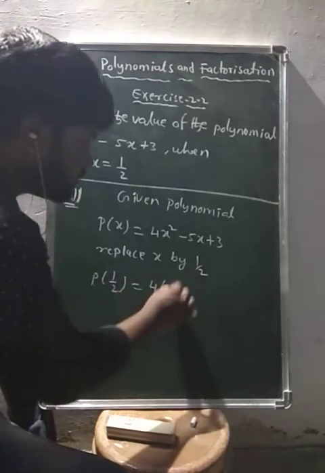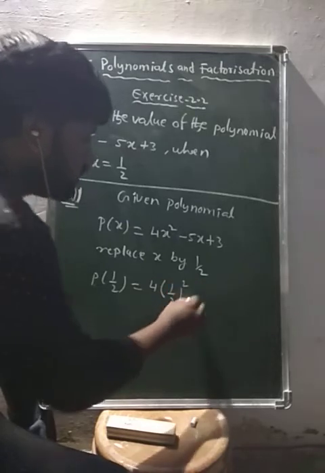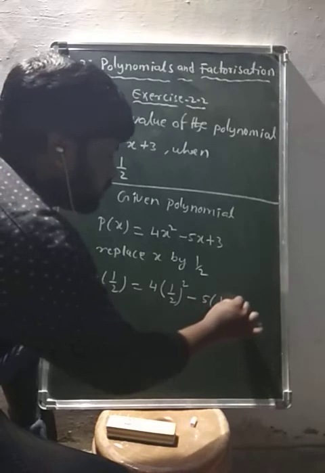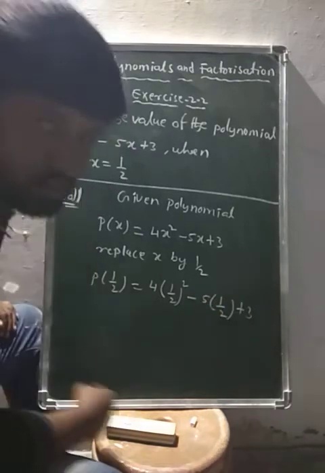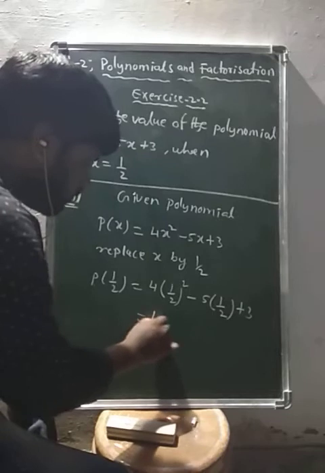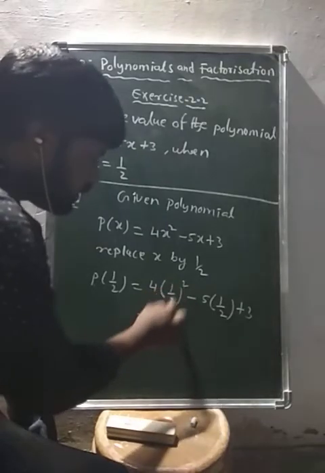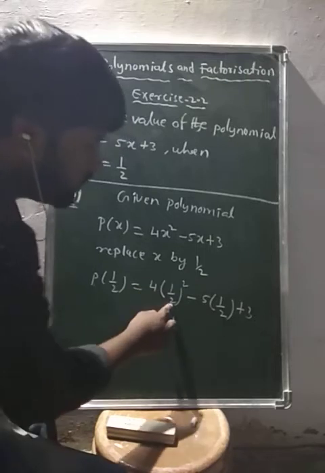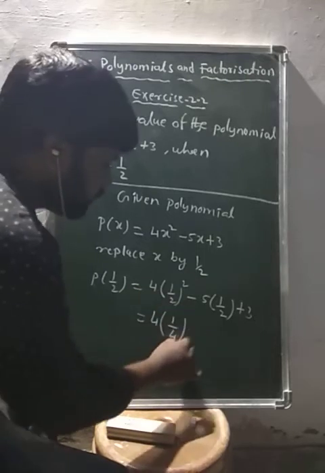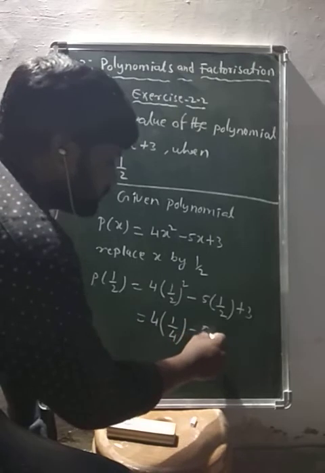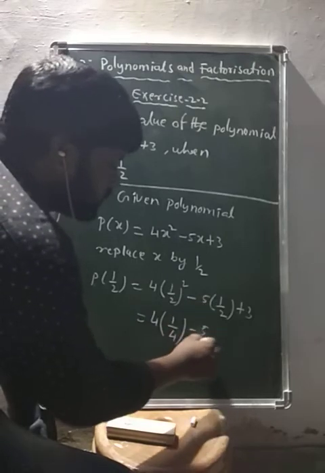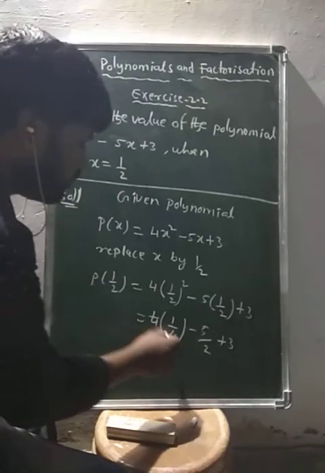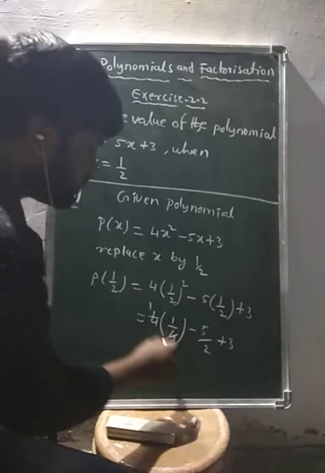x square, that is 1 by 2 whole square, minus 5 of x, that is 1 by 2, plus 3. Now 1 by 2 whole square means separately: 1 square is 1 only, 2 square is 4, minus 5 by 2 plus 3. So 4 cancels 4. 4 ones are 4.